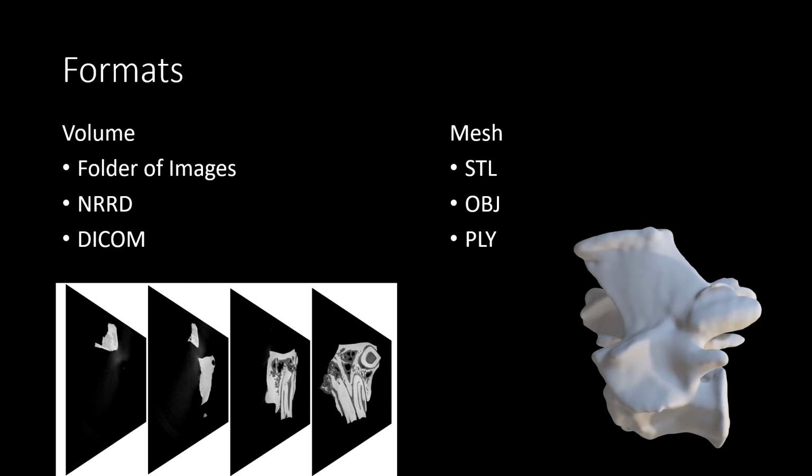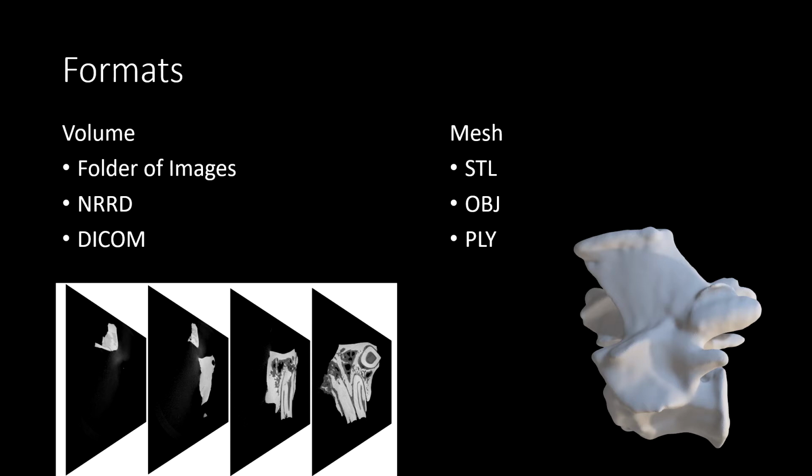My personal favorite format to use is the NRRD, or Near Raw Raster Dataset. This is all packaged as one file as opposed to a folder of many images, and it contains metadata like the scale of the pixels. Finally, you might encounter DICOM data, which is specific to medical CT scanners and does come as a folder of images, but it also contains a lot of metadata as well.